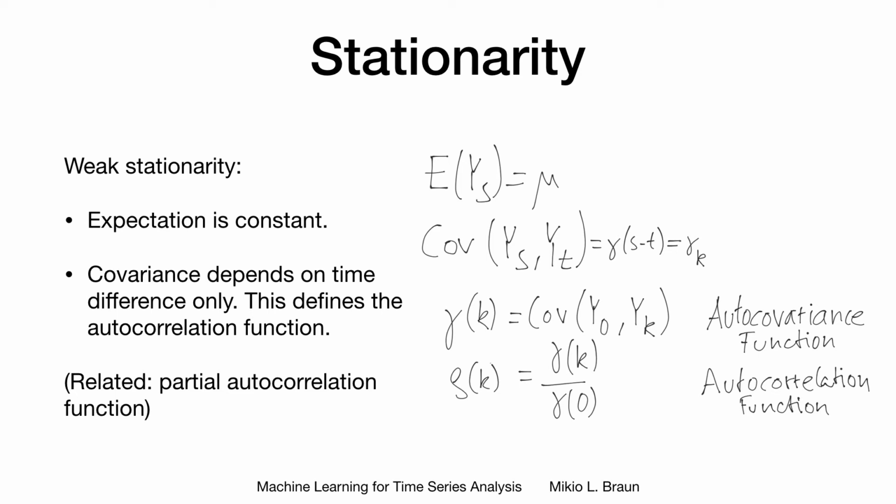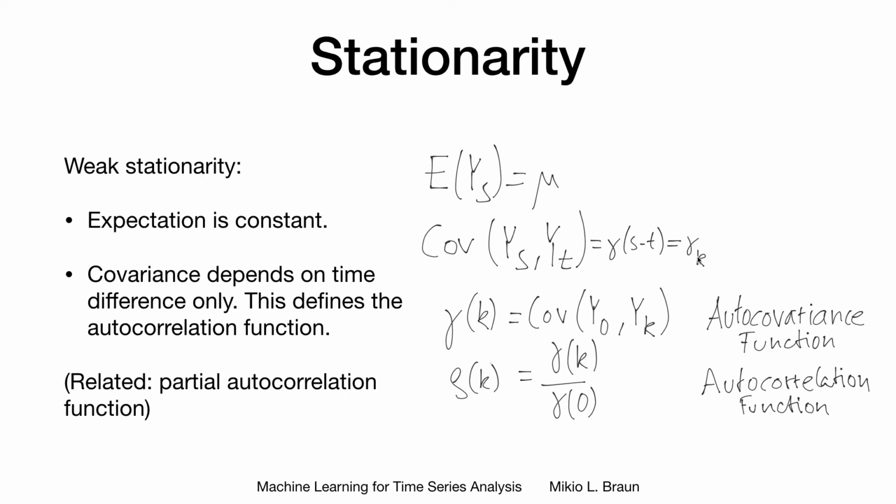And the way this is mathematically formulated is, this thing with the distribution is already a very strict condition. So what you usually say is that if you look at the first 2 moments, the average value, the expectation, and the covariance between these 2 points, then the expectation is always constant, doesn't depend on the time, and the covariance depends on the difference between the 2 time points.